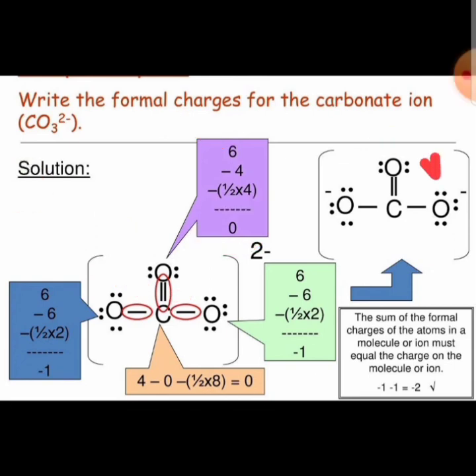Now on the last oxygen, let us calculate. Valence electrons on oxygen 6, minus lone pair electrons, total 6, minus half into bonded electrons, there is only one covalent bond, into 2, you will get minus 1, so that minus 1 we are going to represent here. So this is the formal charge on the carbonate ion CO3 2 minus.